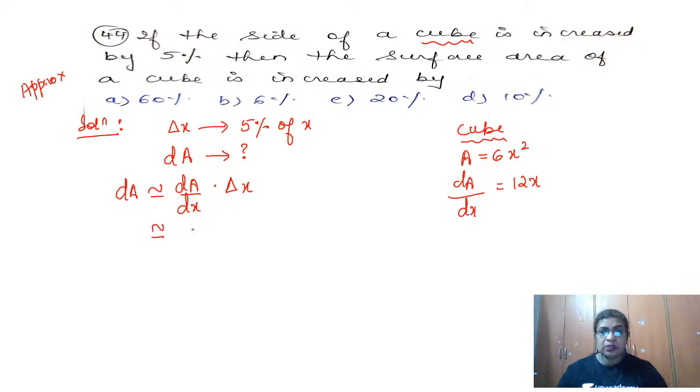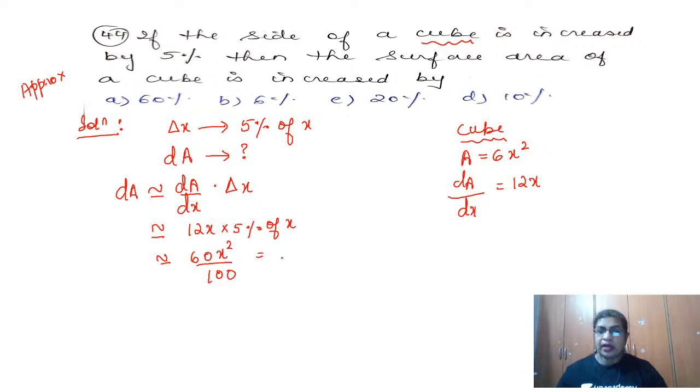So this is approximately equal to 12x into 5% of x, isn't it? So x into x you are getting x square. So this is equal to 12 into 5 by 100, so you're getting 60 x square by 100.